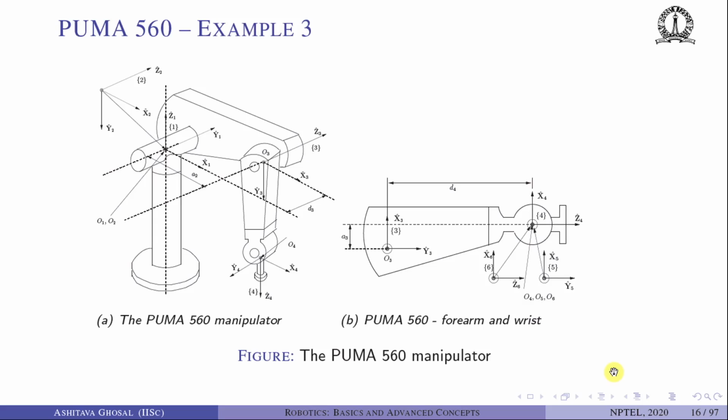In the case of the PUMA, it is a 6 degree of freedom spatial robot, and as I have mentioned earlier, there is one joint which is vertical about Z1, one joint which is perpendicular to Z1, then another joint which is parallel to Z2, and then there are these 3 joints which are intersecting at the wrist point.